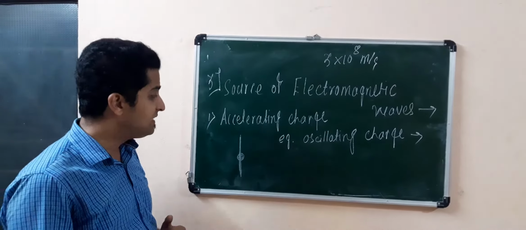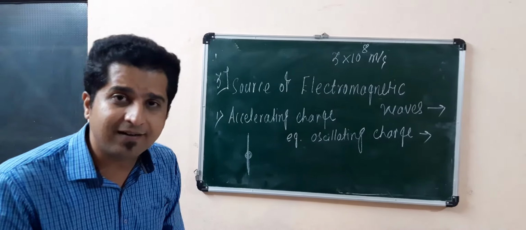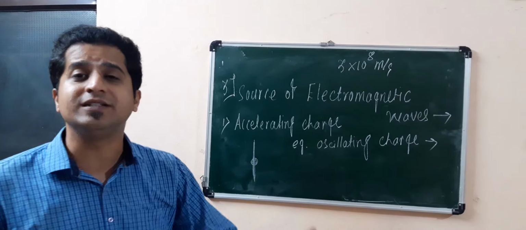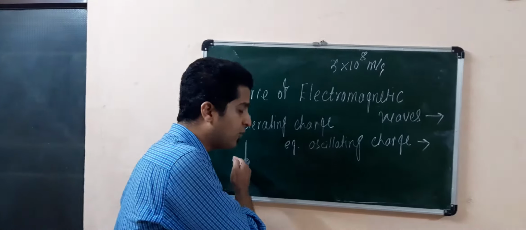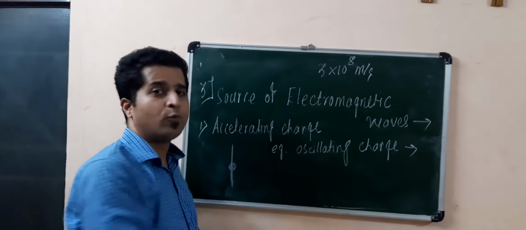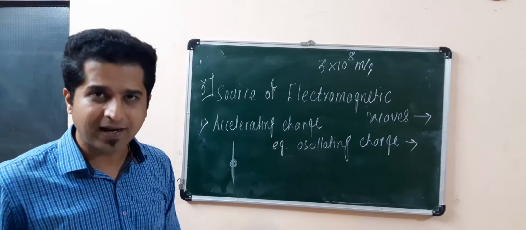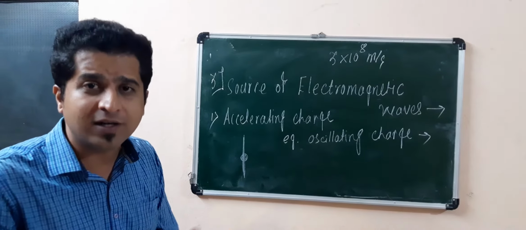And again the changing magnetic field in turn produces what? A changing electric field. Again the changing electric field produces a changing magnetic field, and so on. In this way, these waves propagate from one point to another point. Okay. So understood how electromagnetic waves propagate from one point to another point.